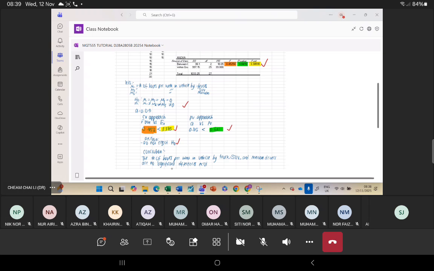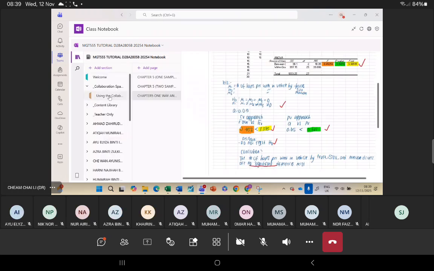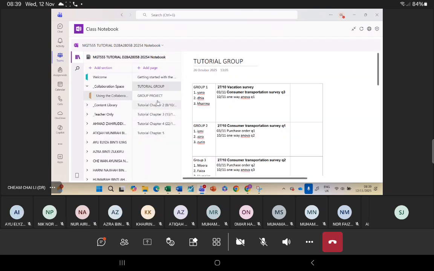There is no significant difference exists among the 3. There is no significant difference exists on the number of hours per week in the vehicle among the 3 drivers, such as truck, SUV, and van. Yeah, so ini pun boleh. So cuma yang ni kena bagi sikit. Okay, Jana? Madam.